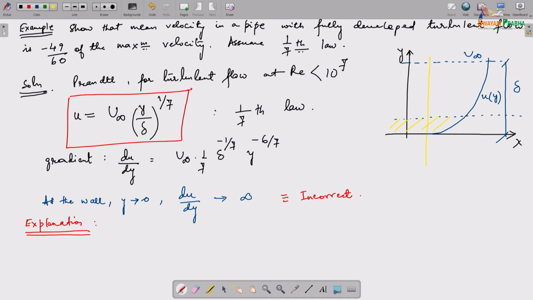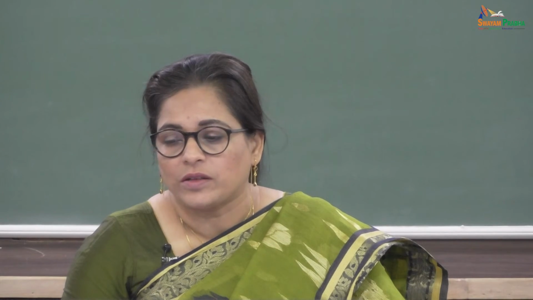So we do think that this bit is actually a laminar sublayer, and the 1/7 law is not going to be valid in that laminar sublayer. We will find some distances though.